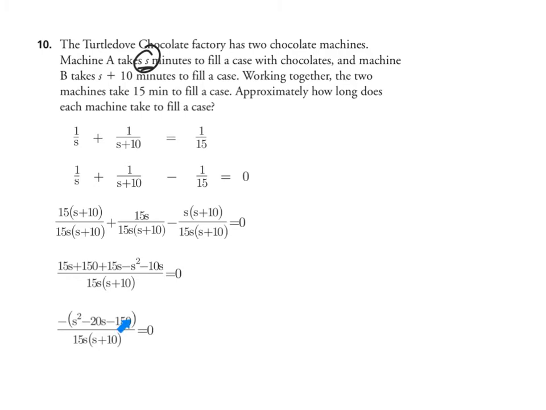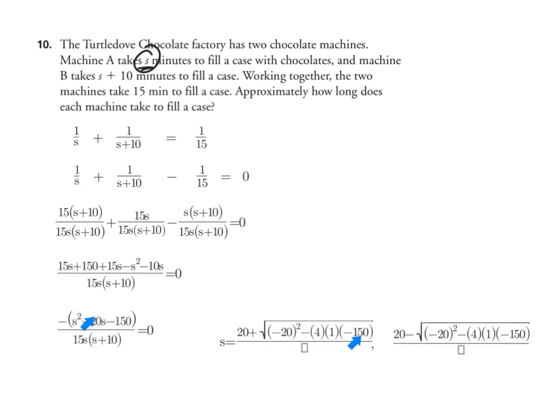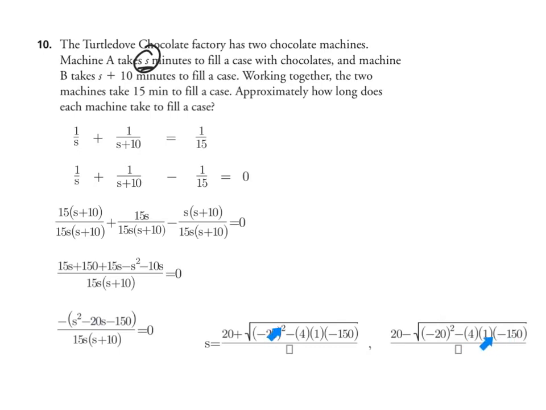The quadratic equation is reserved for a quadratic that has to equal 0. So if it has to equal 0, we can say S equals -b, so 20, plus or minus the root of b squared minus 4ac, so -20 squared minus 4 times 1 times -150, all over 2a, which is just 2 times 1.